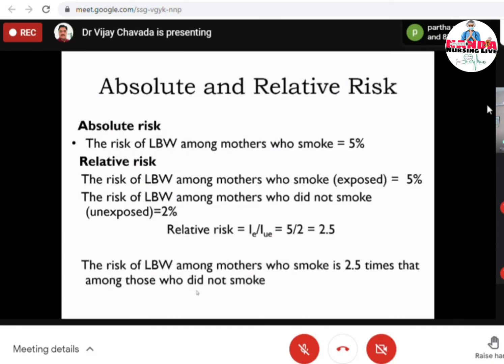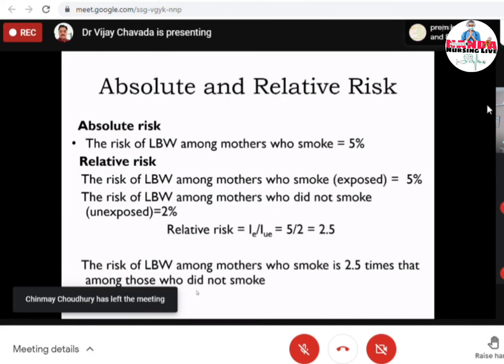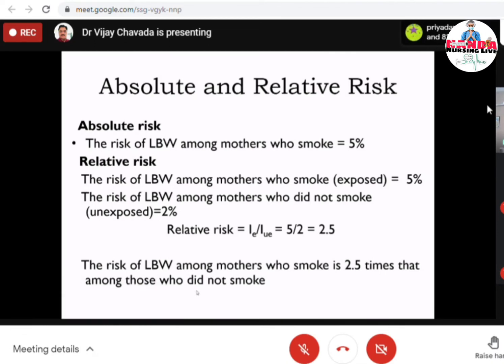So absolute risk is, among mothers who smoke, 5% mothers, right? So relative risk is risk among mothers who smoke, means who are exposed, which is equal to 5%, over risk of low birth weight among mothers who did not smoke, which is 2%. It is incidence among exposed divided by incidence among non-exposed.